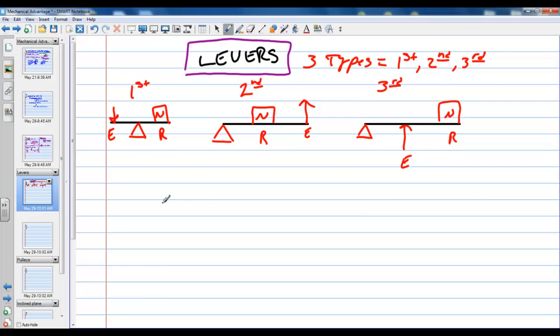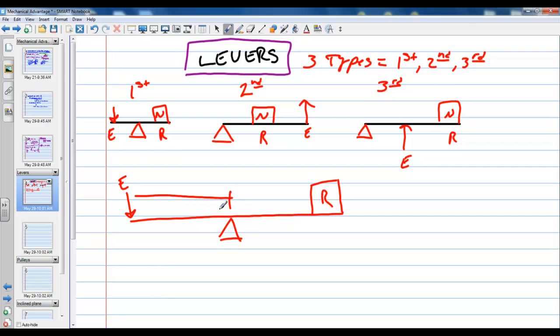To calculate these, we use our distances. So if we have a lever and a fulcrum and a resistance and an effort, we could calculate this pretty easily. So we're either going to have an ideal mechanical advantage, and we're going to measure our distance of the effort to the fulcrum, and then our distance of the resistance to the fulcrum, and we'll divide.